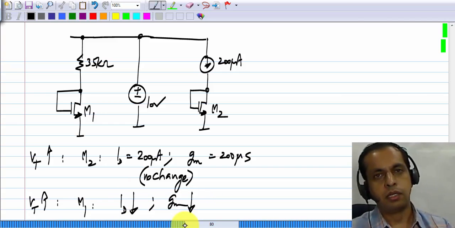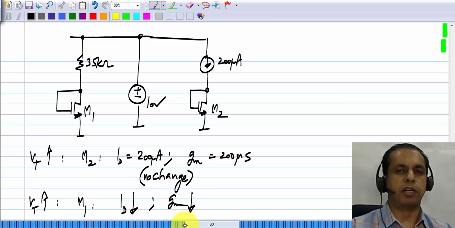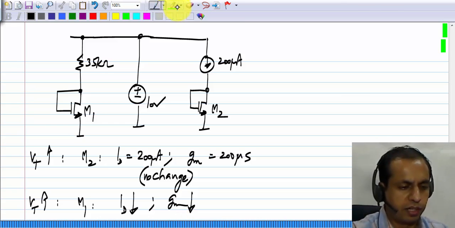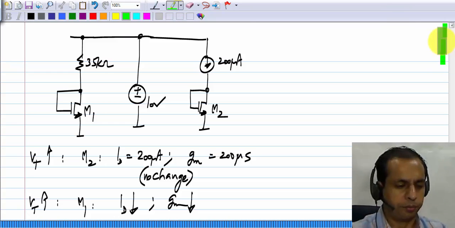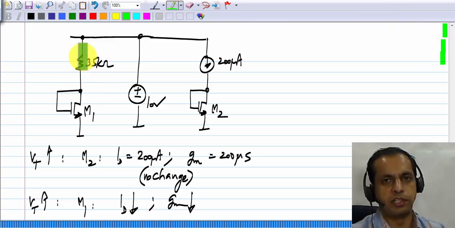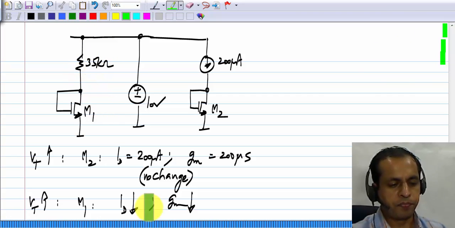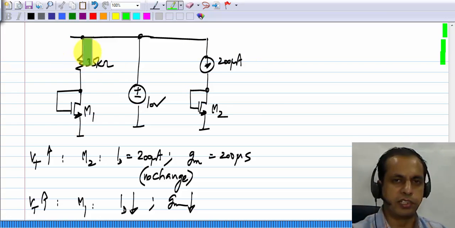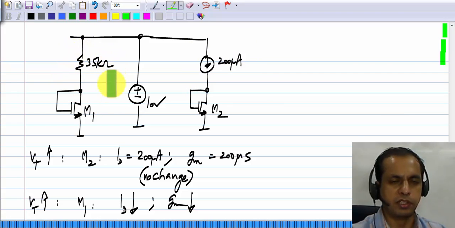It is still very likely to be much better than constant VGS biasing, but it's not as good as biasing it with an actual current source. Okay. So a resistor is really a poor man's current source, but sometimes just for the sake of convenience you can use that. Okay. And as you can guess, the incremental resistance of a current source is infinity. So the larger the value of this resistance, the more closely it approximates a current source.